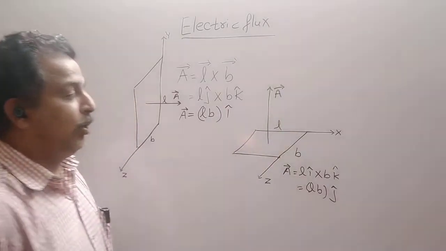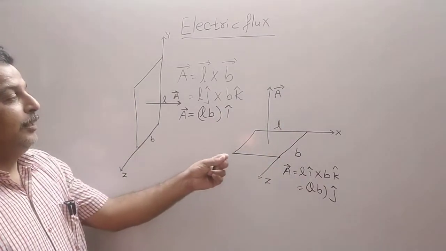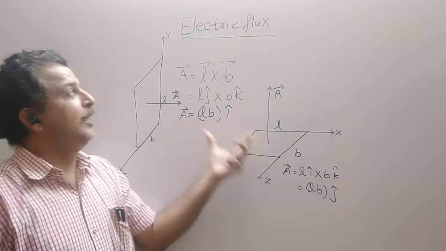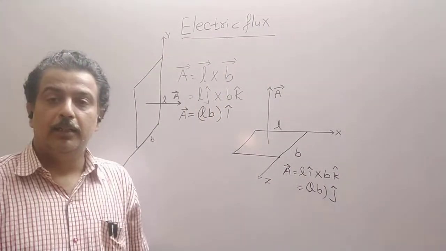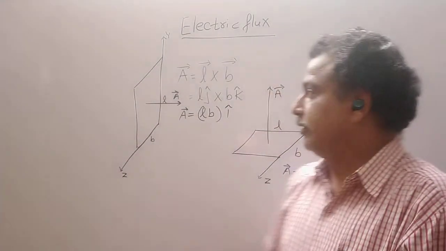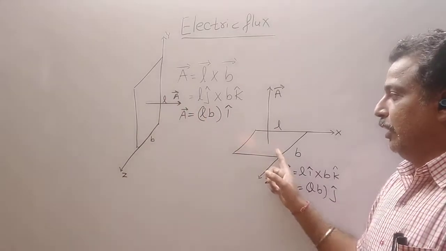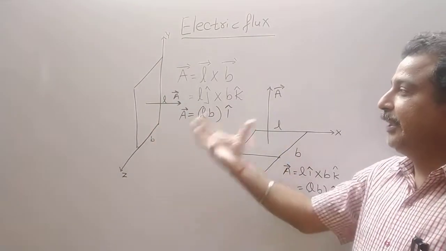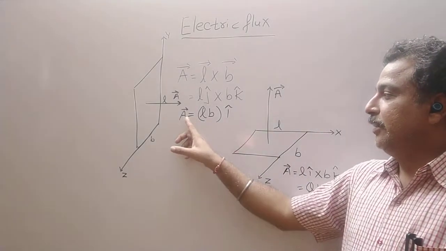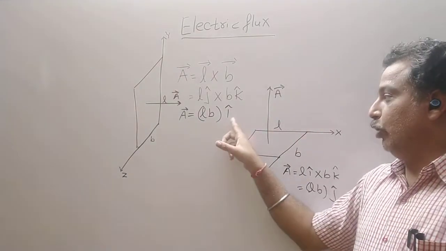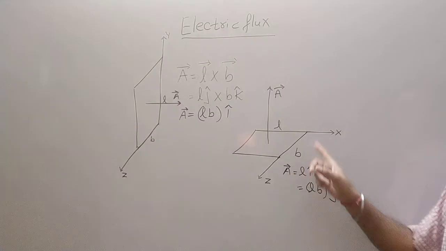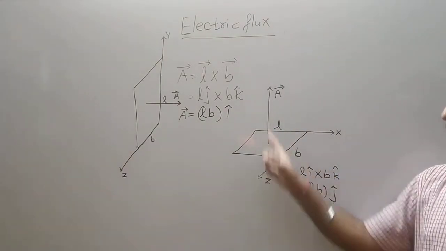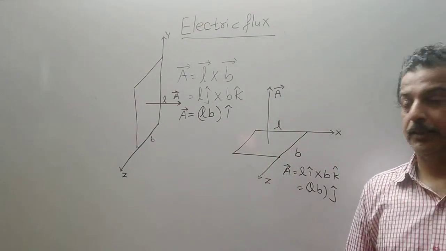So this is how a plane's orientation will play an important role in calculation of an electric flux. Now both rectangles have same length, same breadth, but the orientation is in such a way that the area vector here is along the x-axis and area vector for this diagram is along the y-axis.